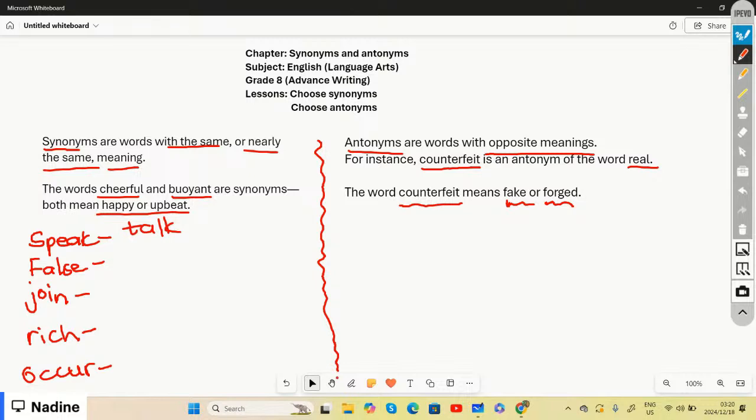And another word for false, it means that it's untrue. It's not the truth. So it is untrue.